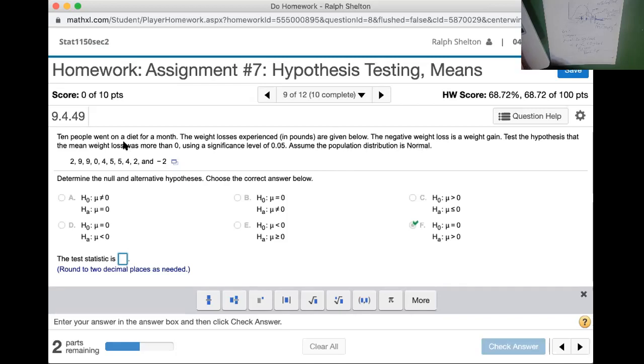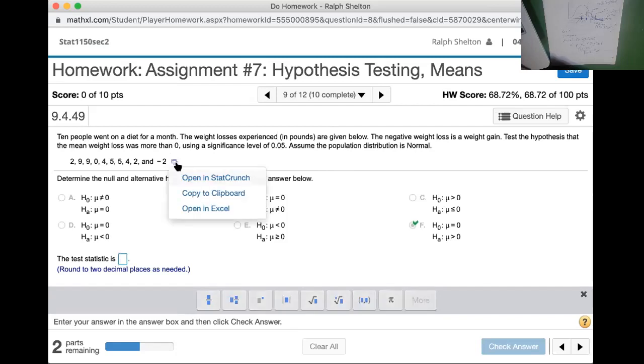With 10 people, we know we're doing a t-test now because we have a small sample size, right? n is less than 25. We're not doing Z, we're doing T. It's very similar, but we have to know the degrees of freedom in addition to the confidence level to know what our t star value is supposed to be.